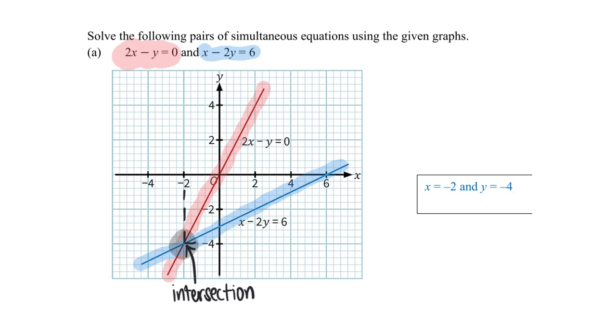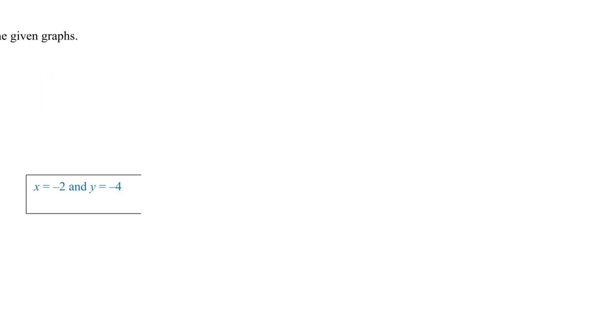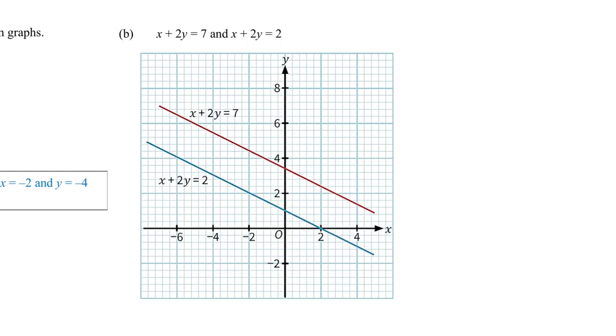Now, moving on to the next part of the question, where I will have my second graph here. Alright. Where I will have x plus 2y equals 7 and x plus 2y equals 2.